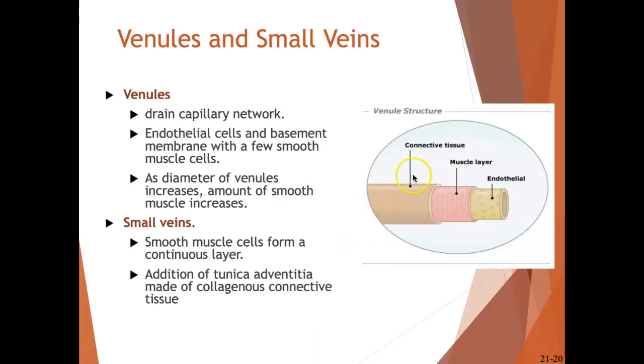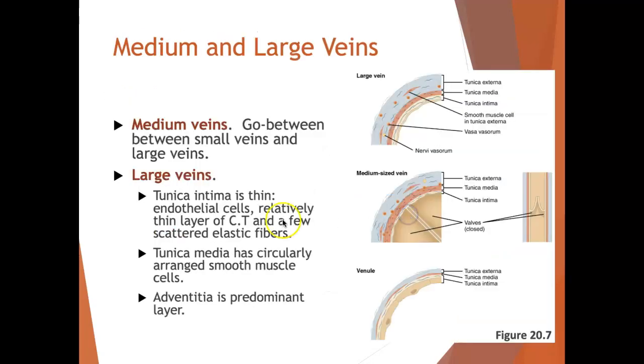And then we add the tunica adventitia, which is made up of our cartilaginous connective tissue. From there, we move into our medium veins that are going to go between our small veins and the large veins. And you could see how the transition of tissue takes place as we go from our venule to our medium-sized vein and then into our large vein.